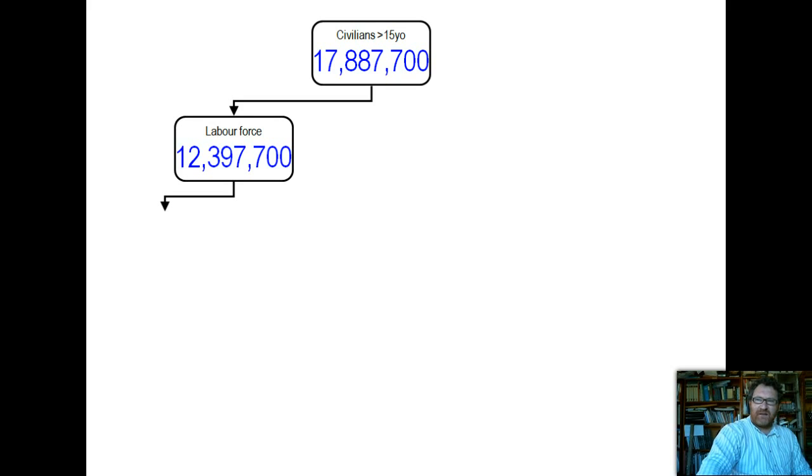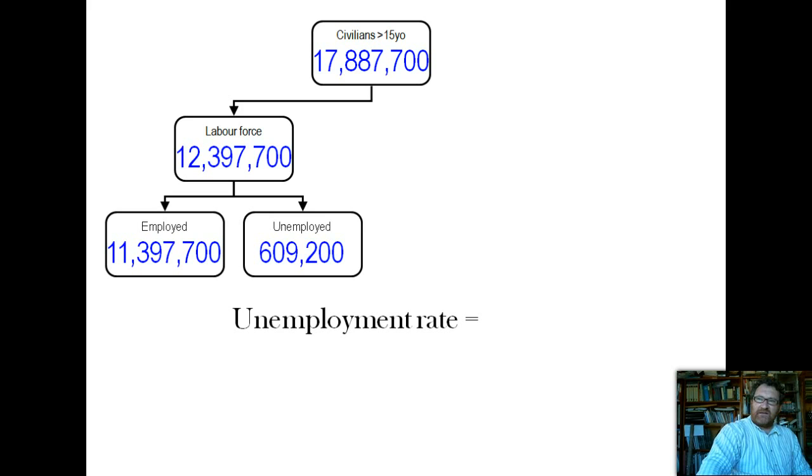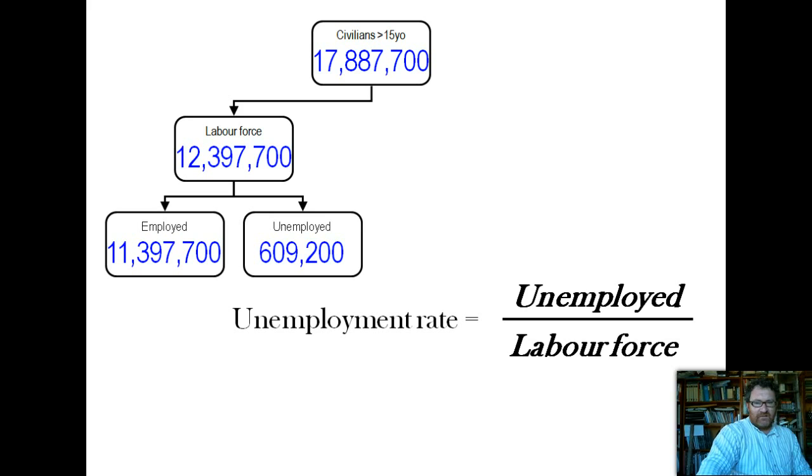So let's break down the labour force. We've got the employed, that's 11.4 million, and the unemployed, 600,000 people, roughly. So we can calculate the unemployment rate. The unemployment rate is the number of unemployed divided by the labour force, times 100, of course, if we want a percentage.